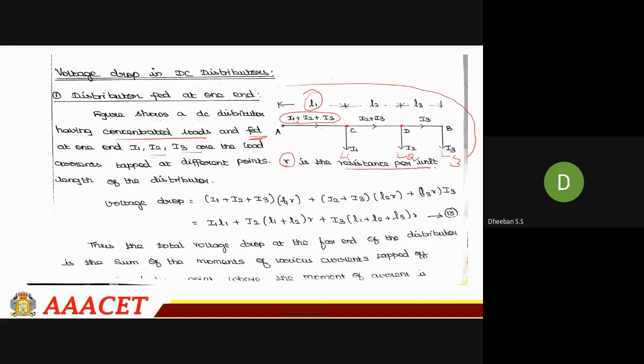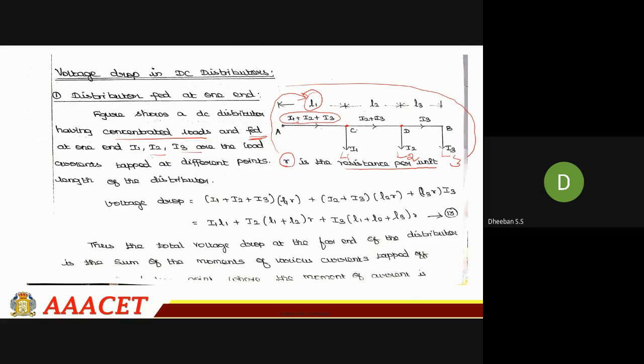As I said for the transmission line, you first find the resistance per unit length, and then multiply with the total length, here L1.